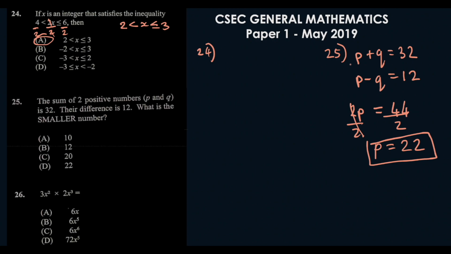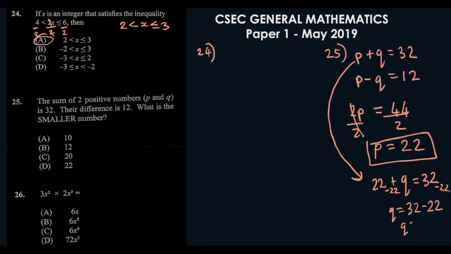And if p is equal to 22, I can use this formula here. Substitute p with 22, so I'll have 22 plus q is equal to 32. So to solve for q, I subtract 22 from both sides, and I'll have q is equal to 32 minus 22. So q is equal to 10.